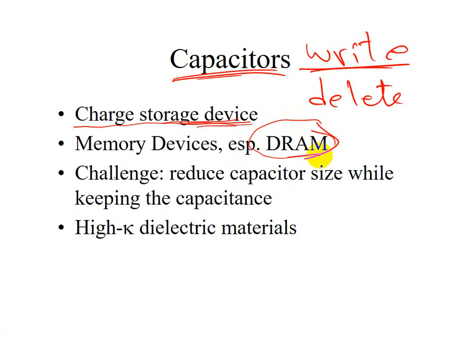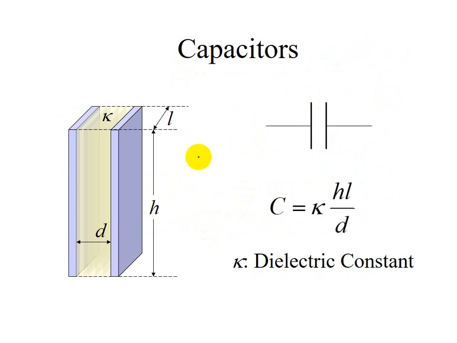For the developing of capacitor, there's a challenge here. First, when you reduce the capacitor size, well, try to keep the capacitance. Let's look back over here. This is the size of your capacitor, the geometry factor.